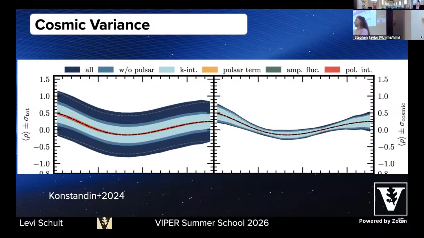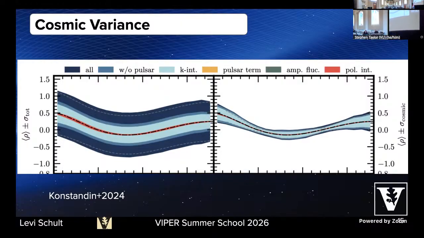Yes, did you fill out the right question? Yeah, so the left is including pulsar variance, which is the fact that some pairs with the same angular separation will be on different points on the sky. On the right, they've taken that out, so it's just the different aspects of cosmic variance, which affect things like K-int.